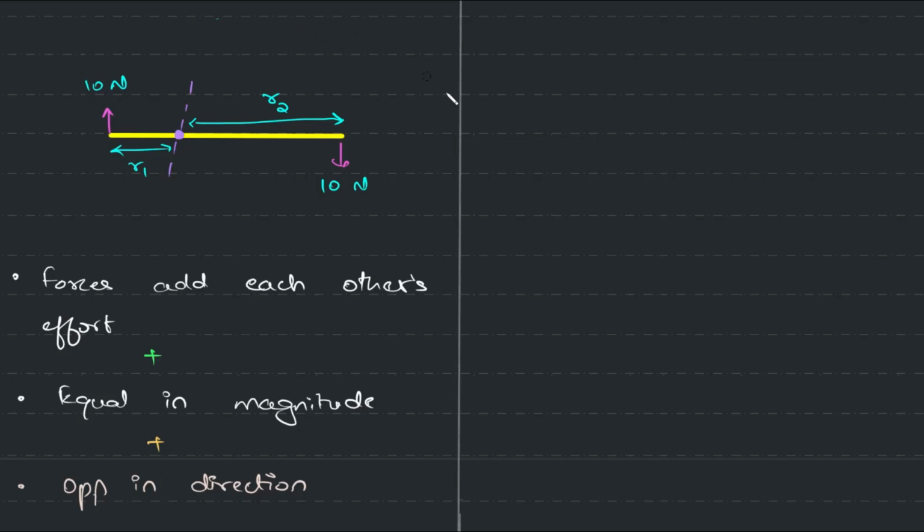Let me write it off. Note: R1 need not be equal to R2, but if it's equal, then it's okay. Now, the magnitudes are equal. They're opposite in direction.